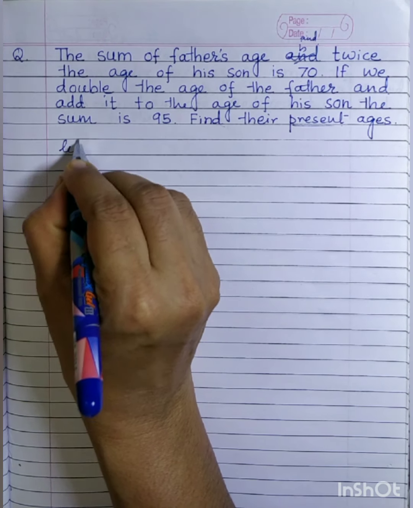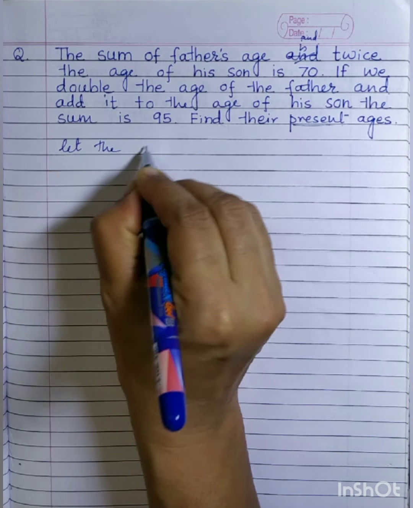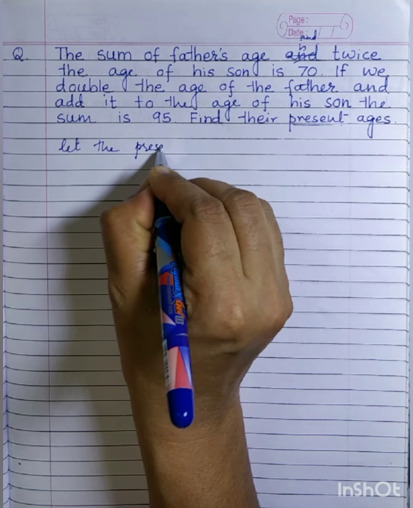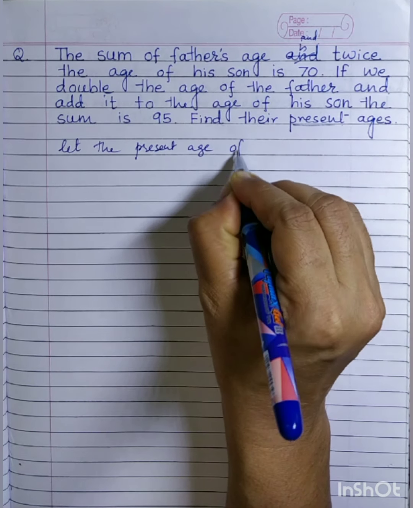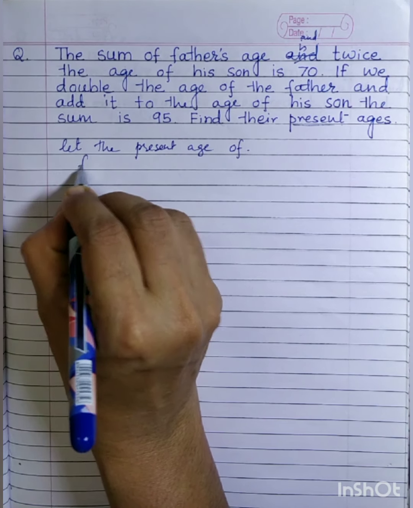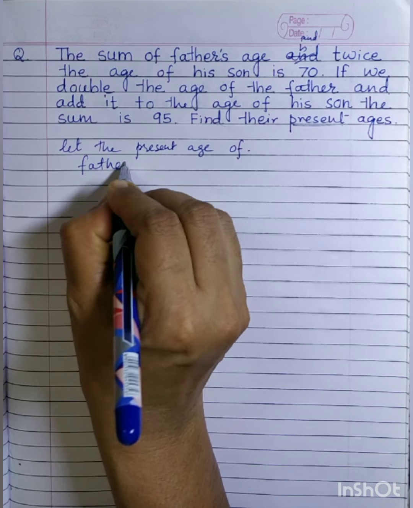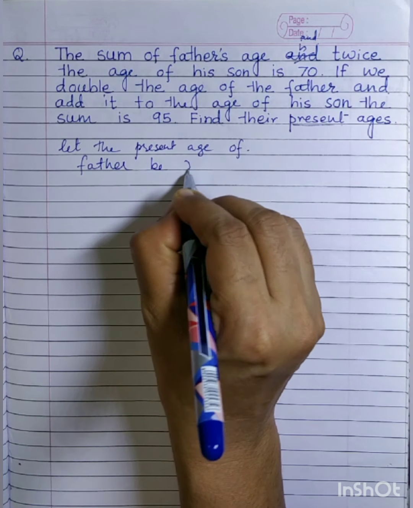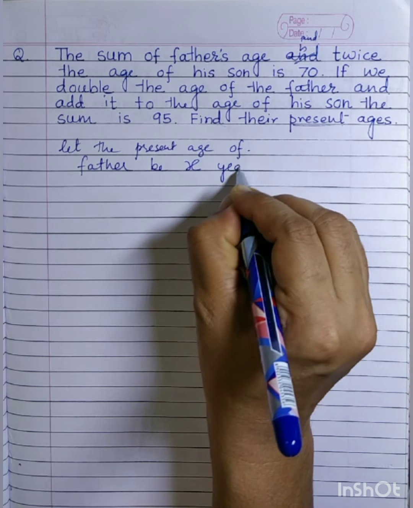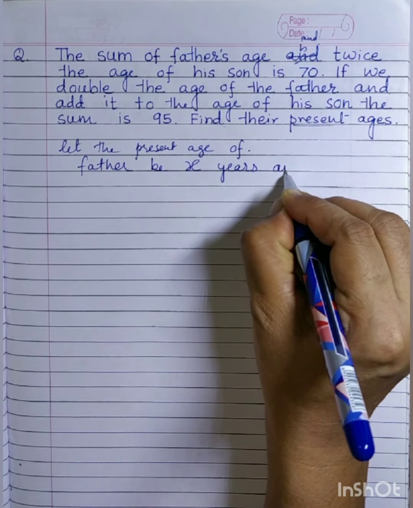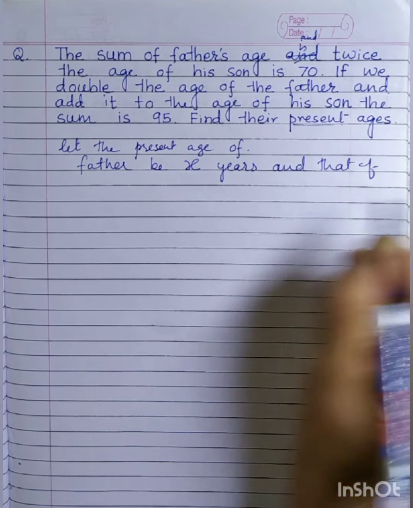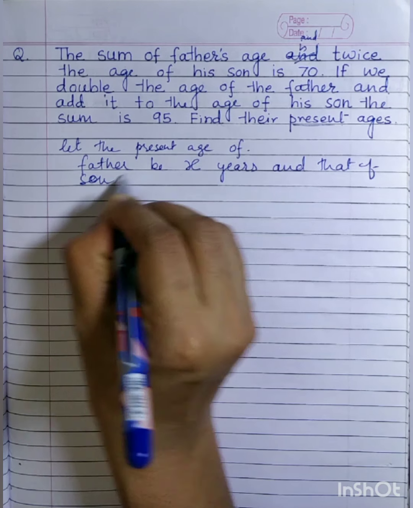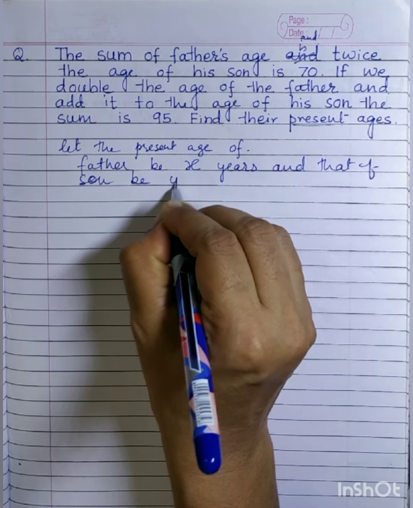So first thing, assume, let the present age of father be X years, and that of son be Y years.